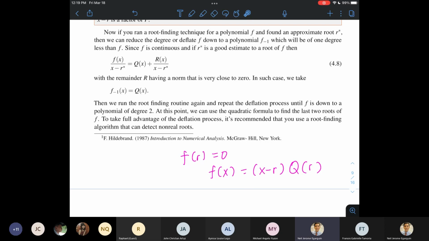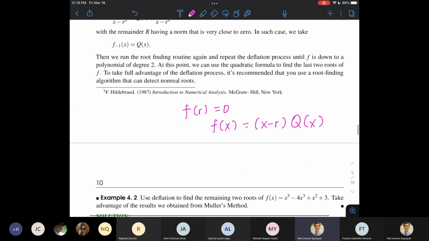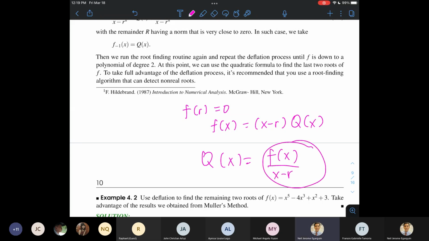So the root r that you got from your previous run of Mueller's method will not appear as the root for q except if it is a root of multiplicity greater than 1. Okay? So ang idea, computin mo si q, which is this quotient, tapos dito ka na mag-run ng Mueller's method.